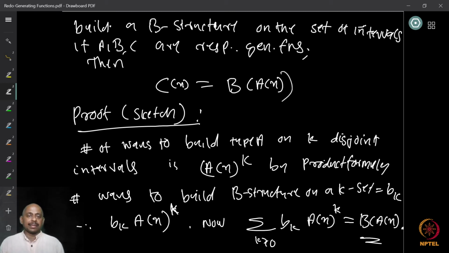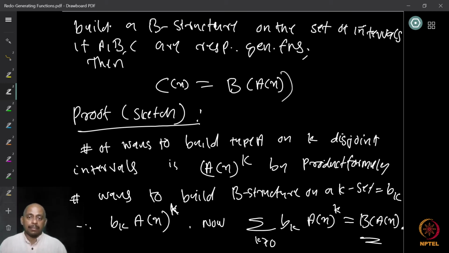Now I will give you a sketch of the proof. So let us see why this must be the case, right? So the number of ways to build a type A structure on, let's say, k disjoint intervals is A of x whole raised to k, right?